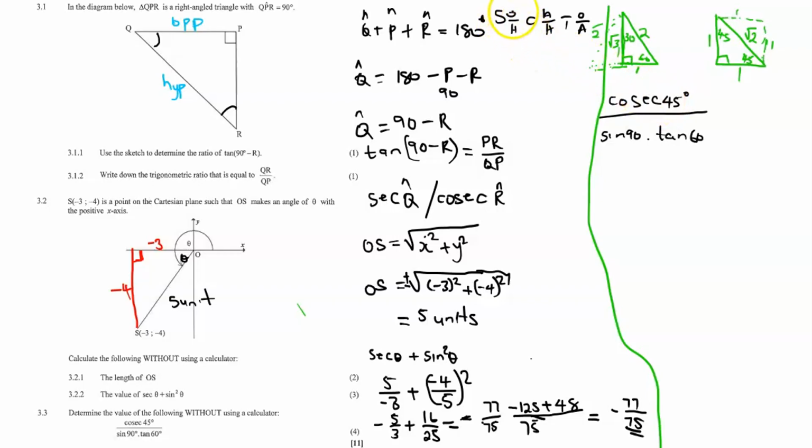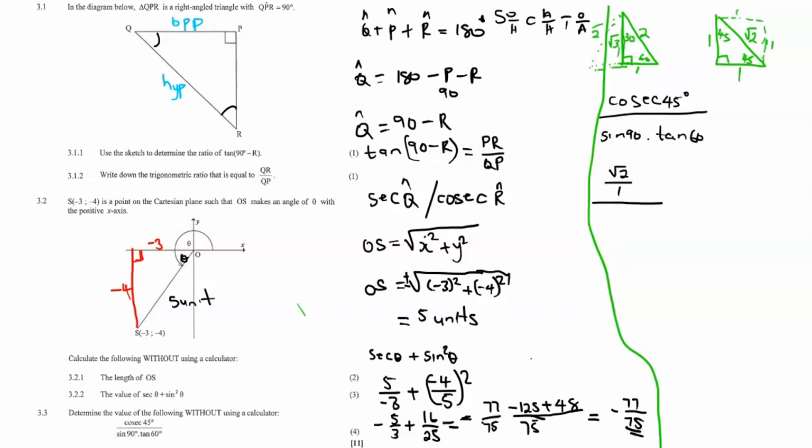So since sine is opposite over the hypotenuse, then cosec is going to be the hypotenuse over the opposite. So the hypotenuse in this case for 45 is √2, and then obviously the opposite is going to be 1. So it's going to be √2 over 1, all that is over sine 90.